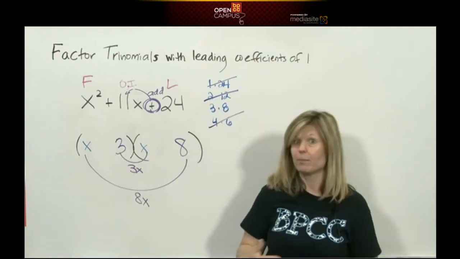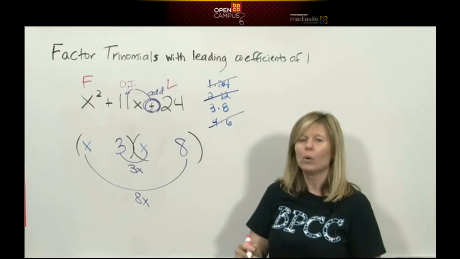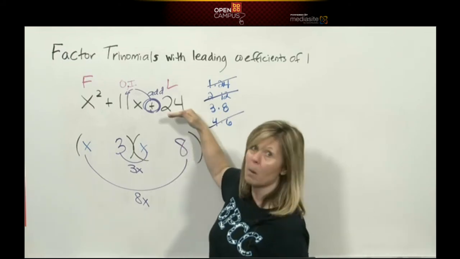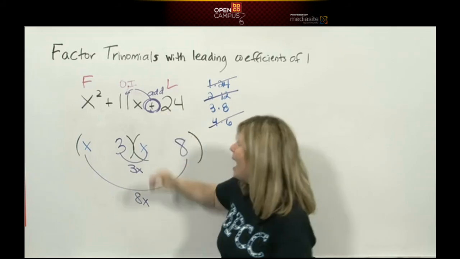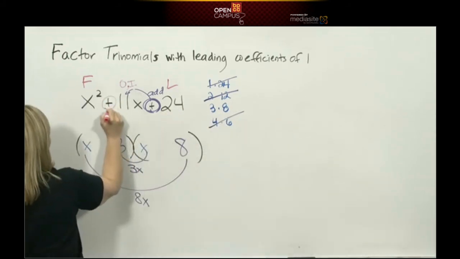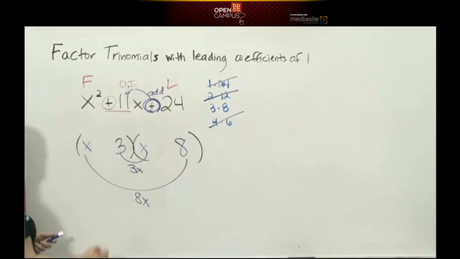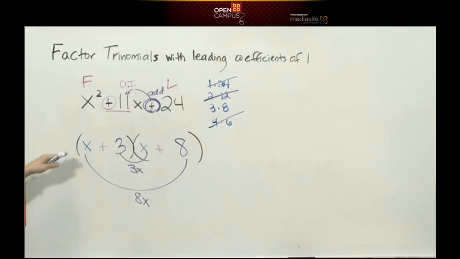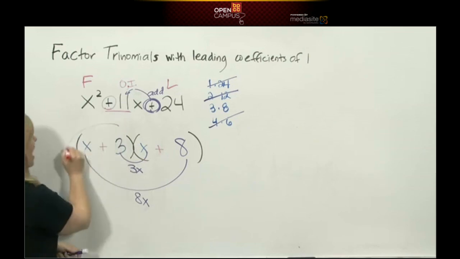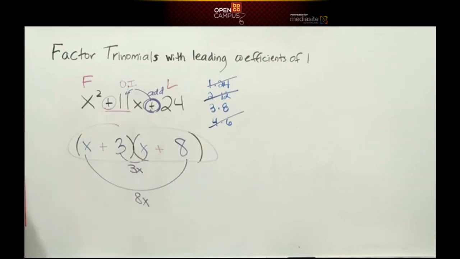How do we decide if they're both positive or both negative? We listen. I want to multiply to 24. I want to add to a positive 11. And that's why we know both of these signs are positive. So x plus 3 times x plus 8 is the factored form of that trinomial.